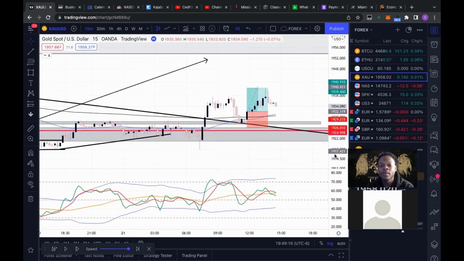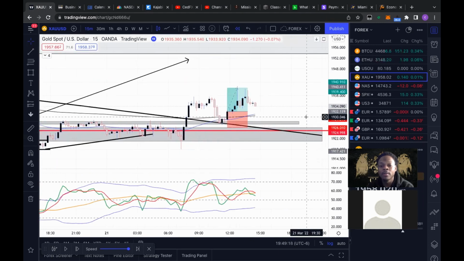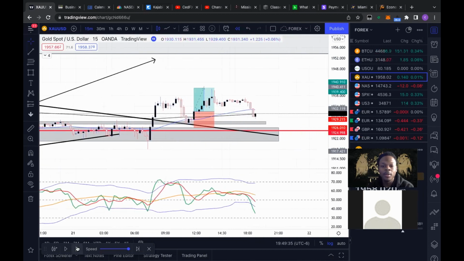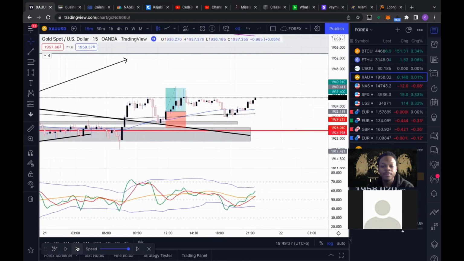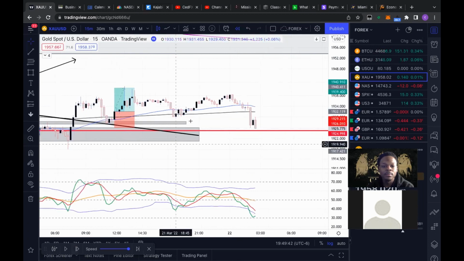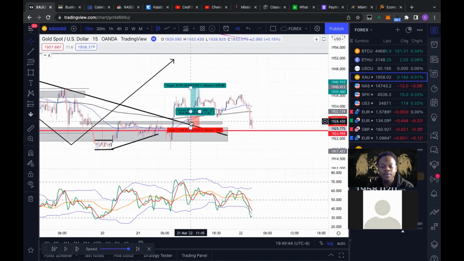So either way, if you were going off candlestick confirmation, you could have chosen this entry right here and you would have had very minimum drawdown. And then I think the market consolidated for a little bit, and then it came back down to this level.